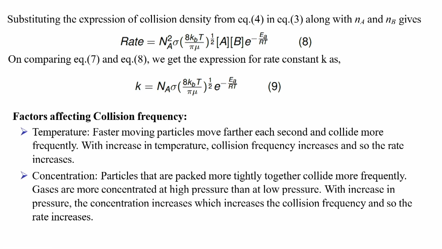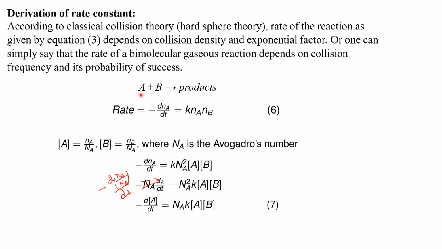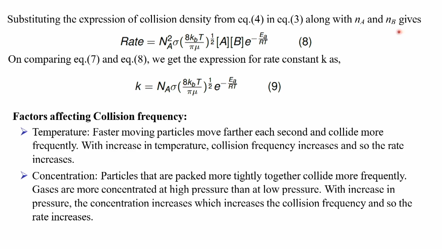Now substituting the expression of collision density from equation 4 in equation 3 along with Na and Nb. So what we are doing here, we are putting the value of ZAB from equation 4 into equation 3 first, and then using the expression of Na and Nb.